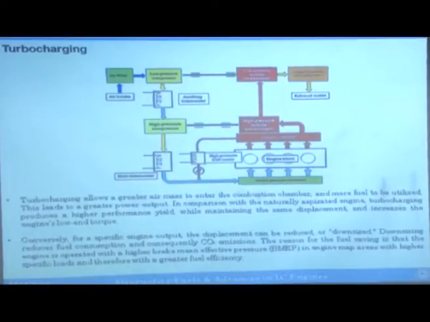So, now if you are operating at higher pressure, you are operating at higher BMEP, and if you look at the very fundamentals of the first course of IC engines, you know that there is an efficiency versus load curve or BMEP curve, which is like this. So, that means the higher BMEP you operate, the more efficient your engine will be. For the same fuel, since you are burning it at higher BMEP, it will be burned with a greater efficiency. That is why these engines are more efficient.